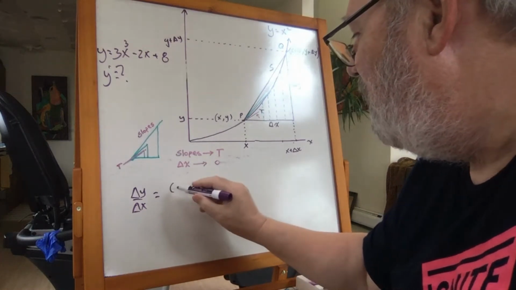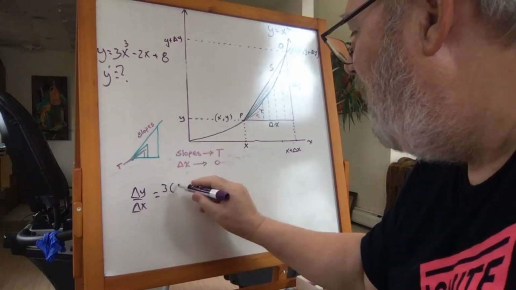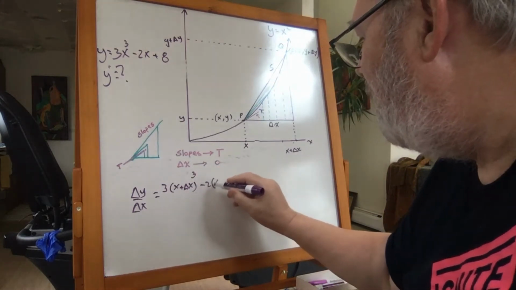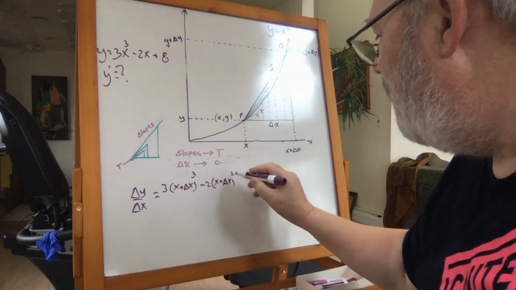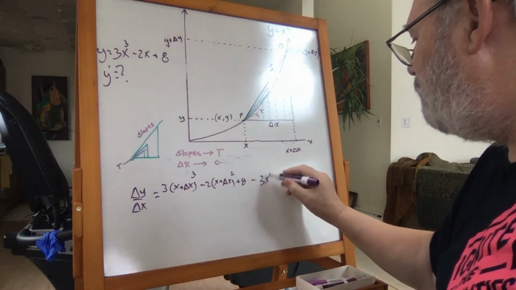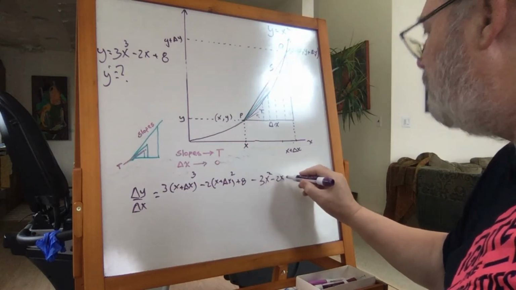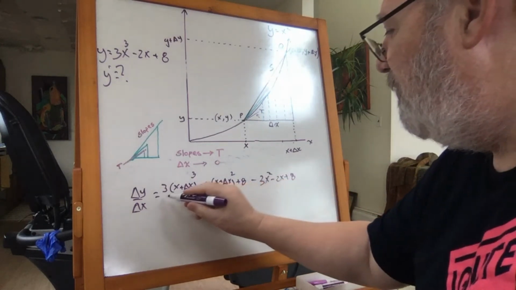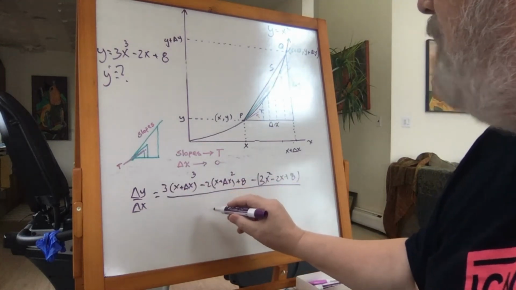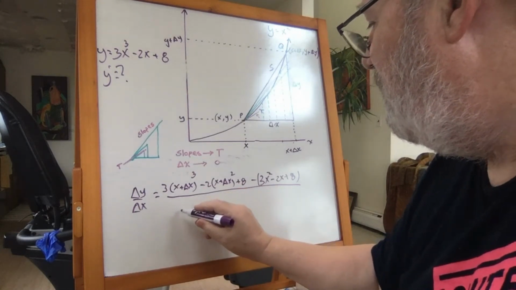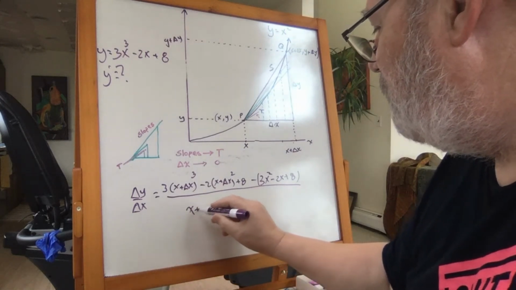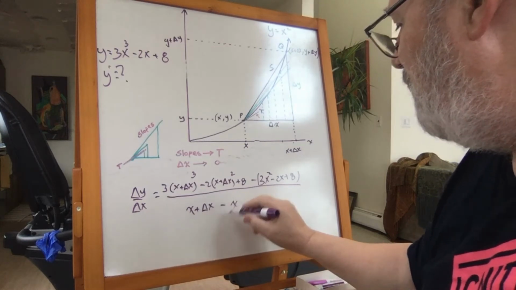So this is 3 times x plus delta x cubed minus 2 times x plus delta x squared plus 8, minus 3x cubed minus 2x squared plus 8, over, and that's the whole expression, minus, again, we would have x plus delta x minus x.